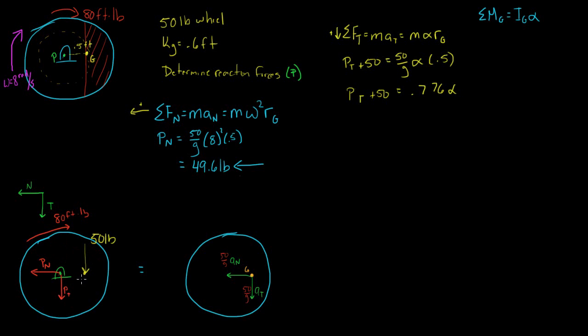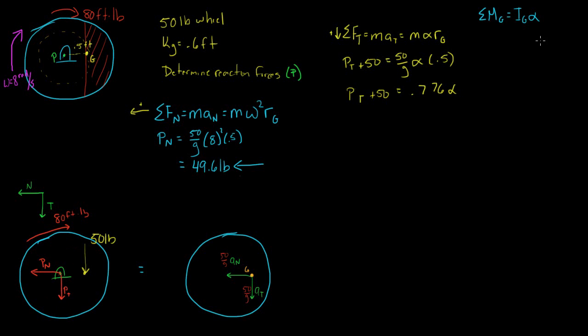And I'm only going to have this 50 pounds and this moment right here that I have to account for. So I won't need to figure out what this tangential reaction force is, because I'm taking a moment of a point it goes through.